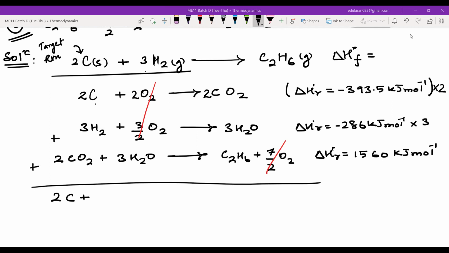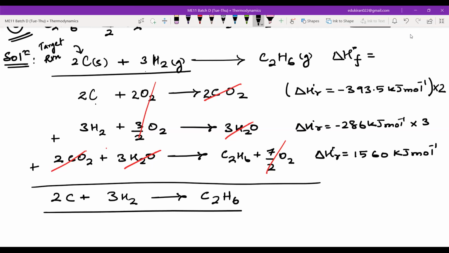Then 2 carbon, and I can also eliminate this H2O, right guys? I can also eliminate this CO2, correct? And at the end, what I'm getting is 2 carbon plus 3 moles of H2 giving me a mole of C2H6. This is the target reaction that I wanted, yes or no?